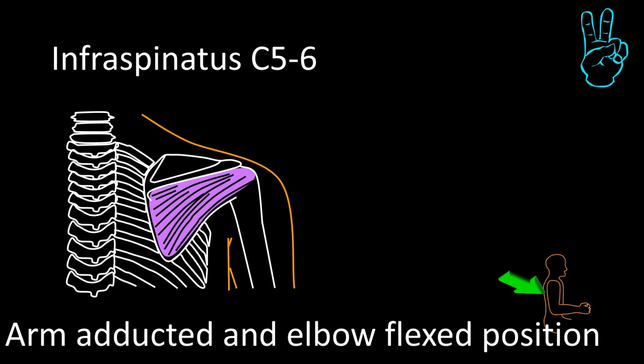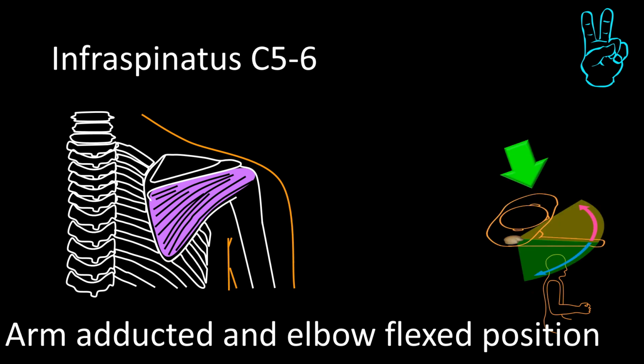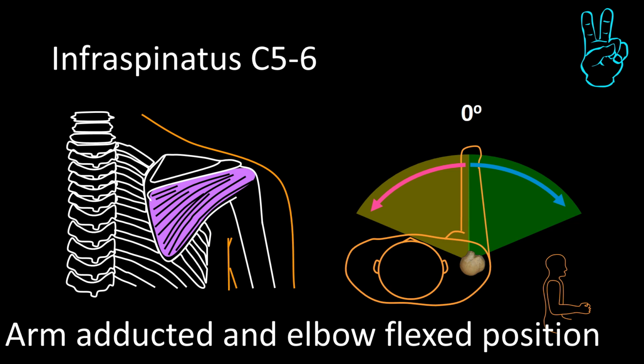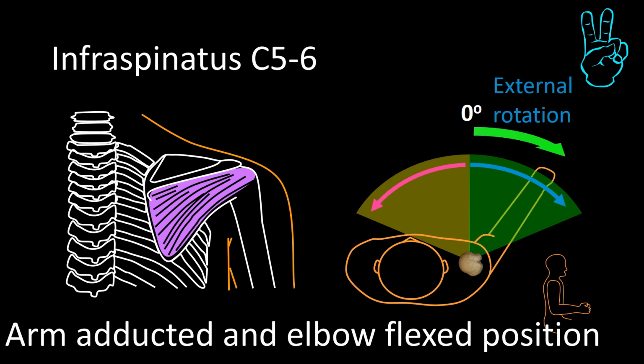The second action can be appreciated with the arm adducted and the elbow flexed, with the hand preferably in neutral position as indicated by the green arrow in this view, or in this look from above, which in this frame I have enlarged and changed the angle in order to show you rotation movements of the shoulder. From the position in this figure, the infraspinatus produces external rotation of the shoulder.